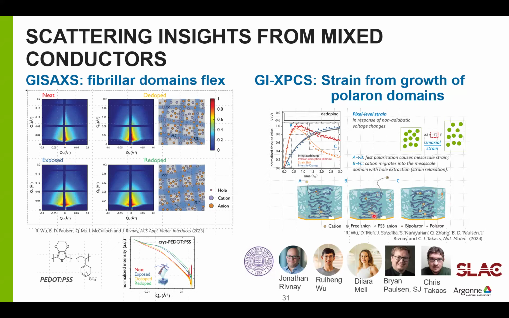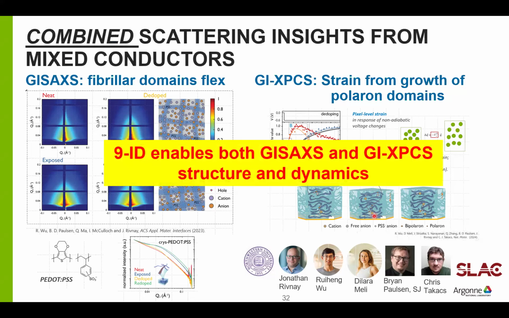So this is a very nice example of how we can bring all these different techniques together, operando GSAXS, GWAXS, and GI-XPCS. And right now, these required two different experimental runs at 8IDE and 8IDI. But now with APS-U and this new instrument, we'll be able to do these together on one instrument in one experimental run. So we think that's going to be very powerful.